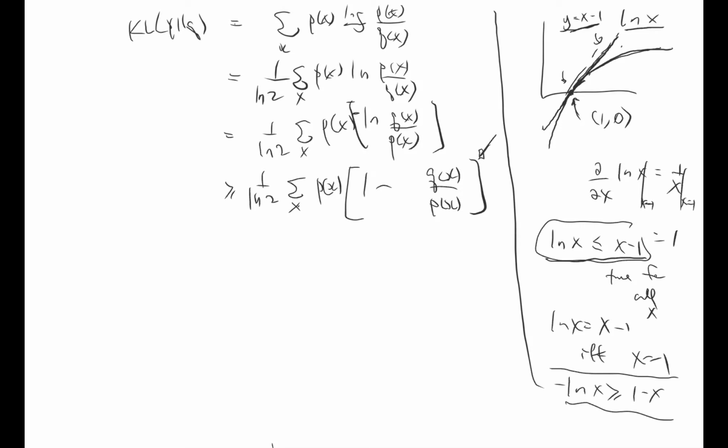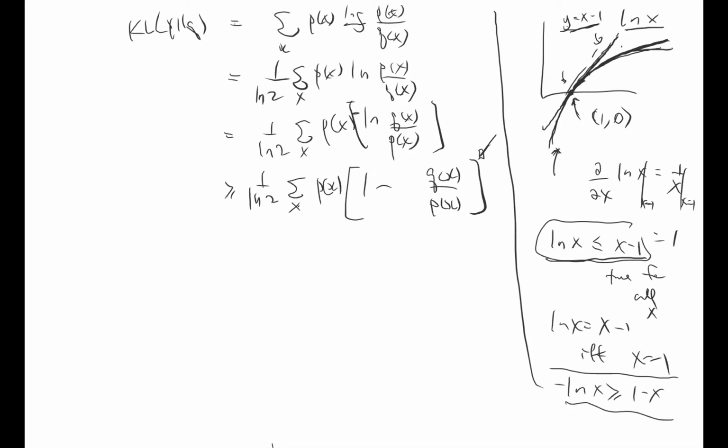You can just verify that very easily, and you can draw it out. This line is log x, and you know log x is a concave function, and it intersects y equals x minus 1 at the point (1, 0).